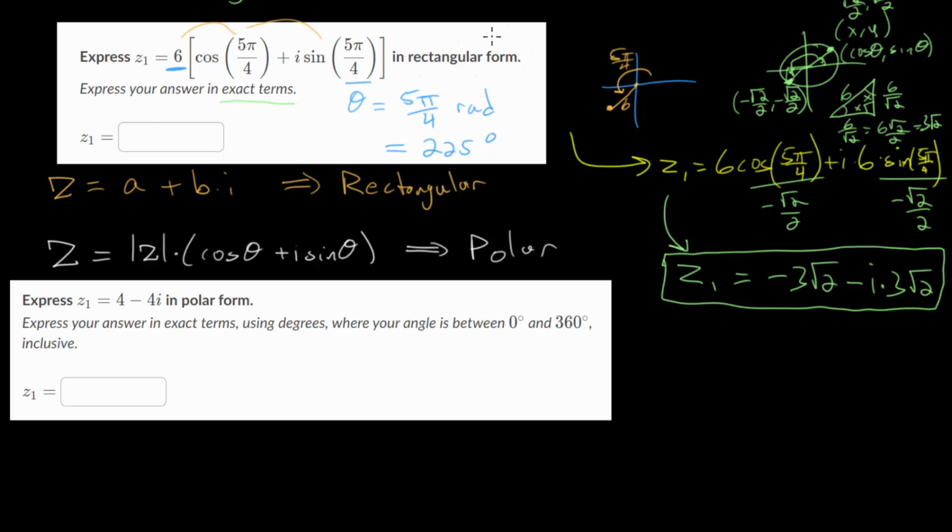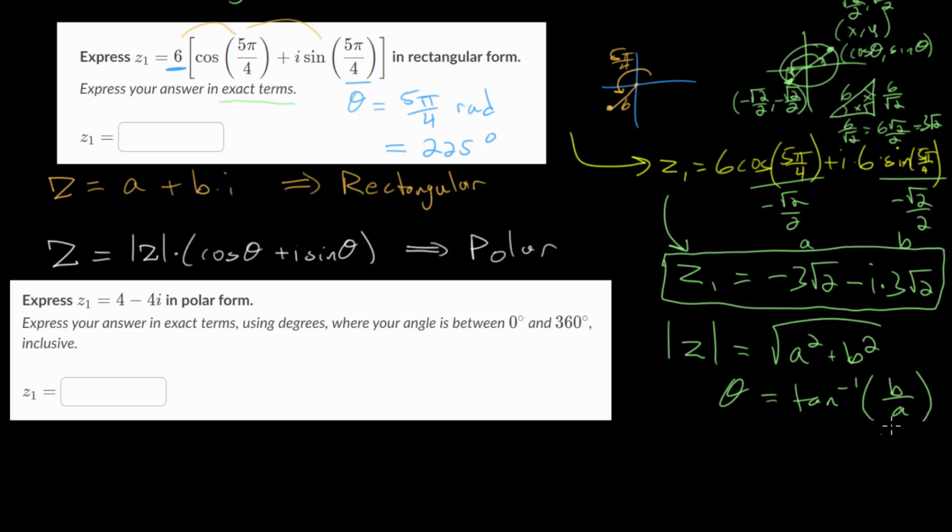And there are ways to check this, since we know that the magnitude of our complex number is just the square root of its real part squared plus its imaginary part squared, where this would be a and this would be b, so we can check it that way. And we also know the formula for the angle theta, that this is the inverse tangent of the imaginary part divided by the real part, though we need to be careful with the angle since we're down in the third quadrant, and this formula only gives outputs in the first or the fourth quadrants.